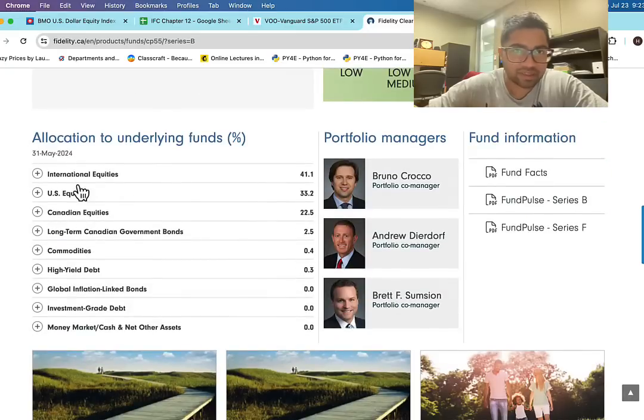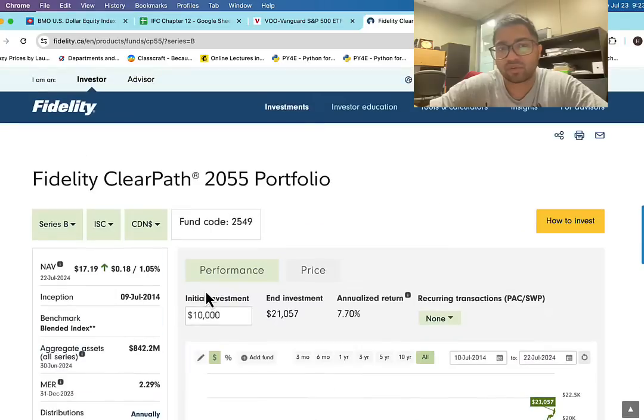The allocation right now is more towards equity, very low towards bonds. But as the fund matures, the allocation will move towards bonds. This fund has 30 years to go. As the fund progresses in age, as we move towards 2055, the fund will move towards more bond allocation.